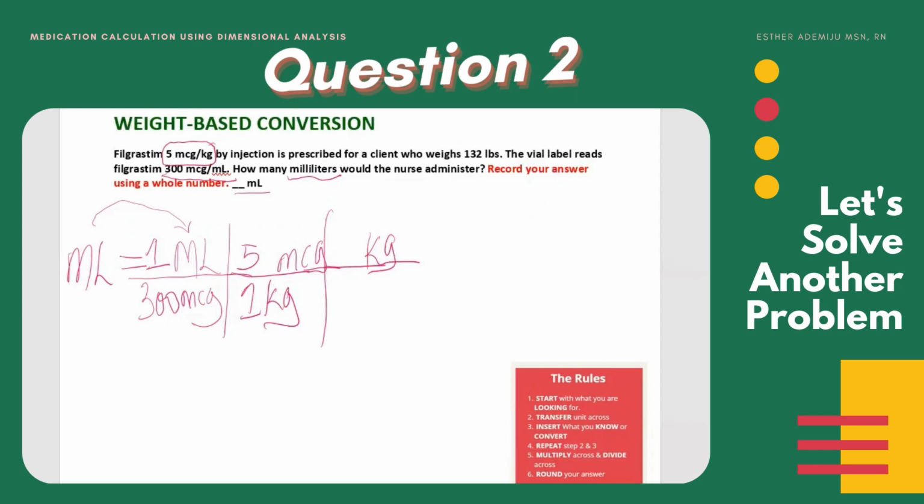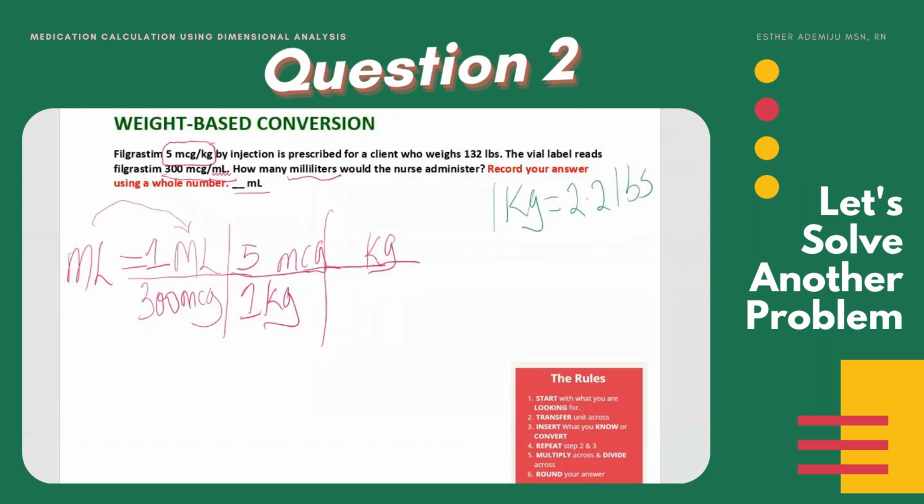But there's a problem. I don't know if you noticed, we don't have any other number that has kilogram in front of it. But we have 132 pounds. So how do we make that work? If you go back in this tutorial, we talked about the metric conversion table, and I don't know if you caught it, but 1 kilogram is equal to 2.2 pounds.